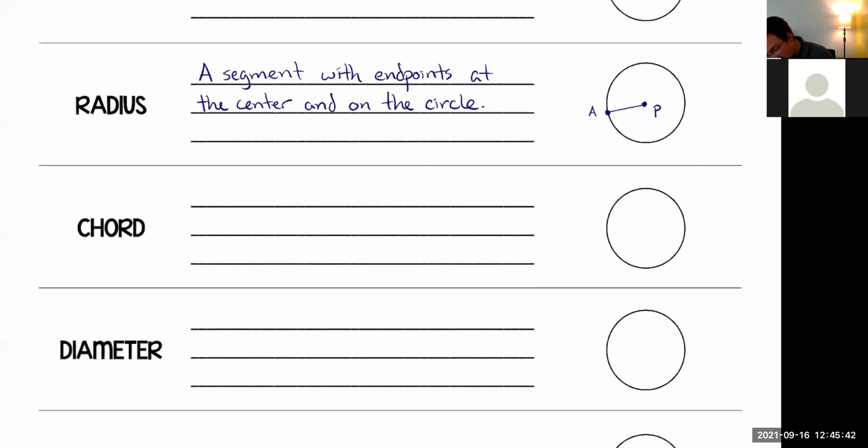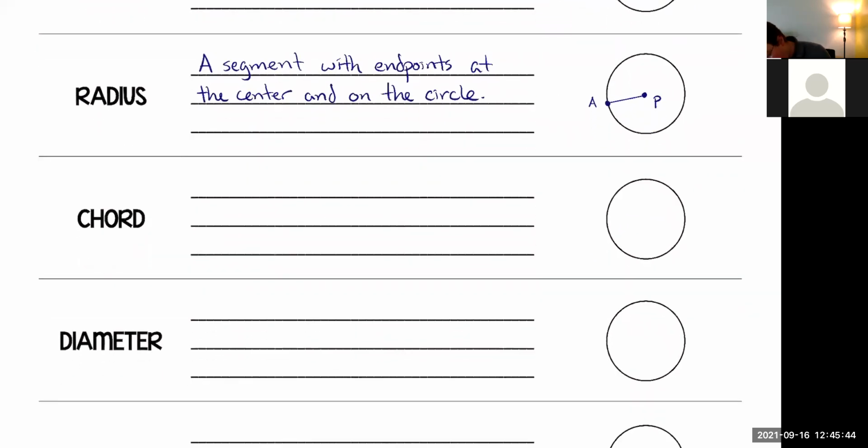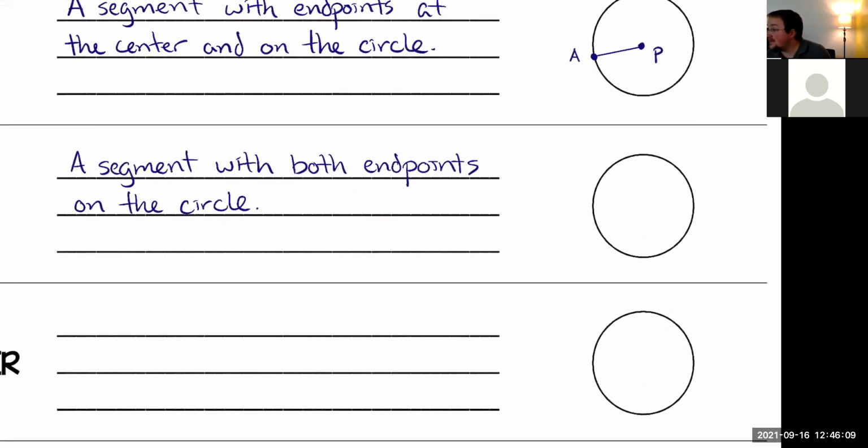Next on our list is chord. A chord is a segment with both endpoints on the circle. So the center itself doesn't play a role.